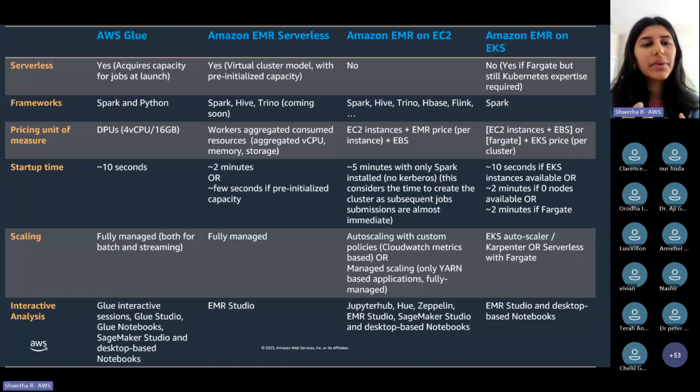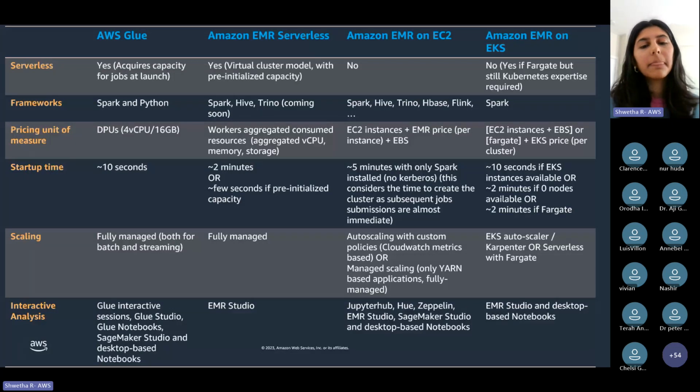With EMR on EC2, the startup time is a little bit longer than serverless, but you do have auto scaling with custom policies, as well as managed scaling features. So you're really in control. You have more autonomy with EMR on EC2 in terms of scaling, as well as different customizations, and you can have more options for interactively analyzing your jobs with SageMaker Studio and things like that.